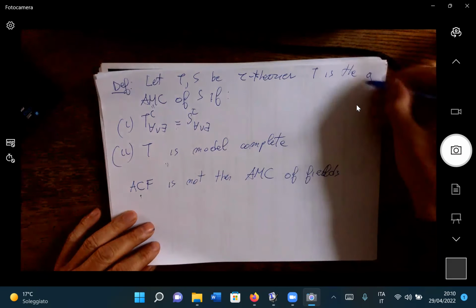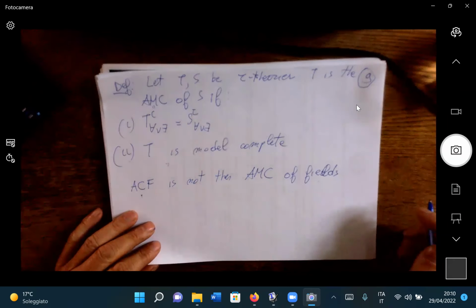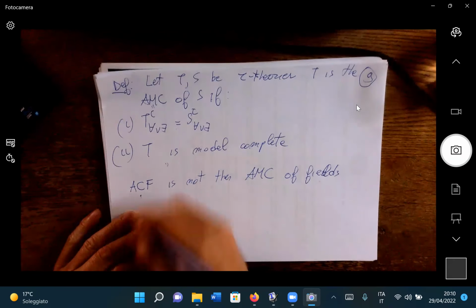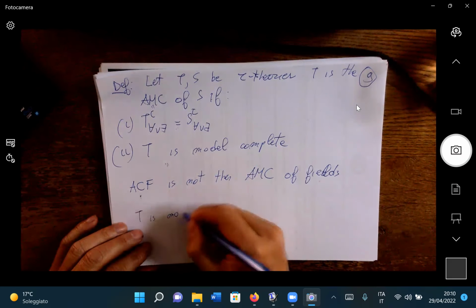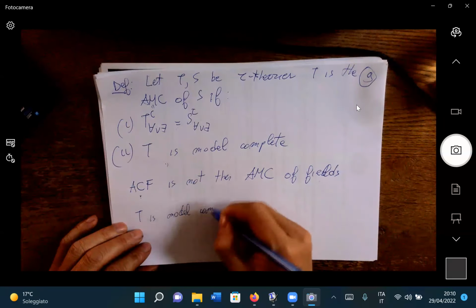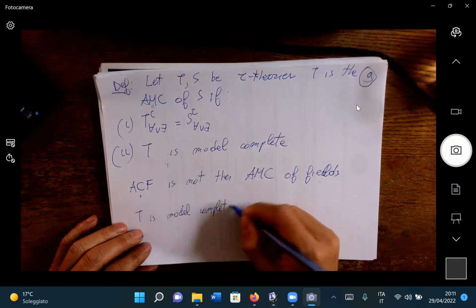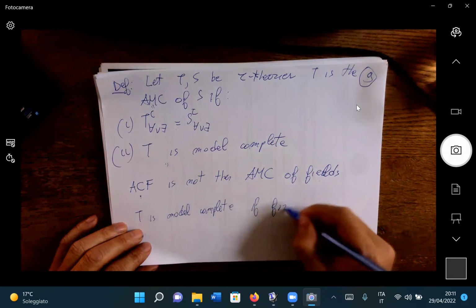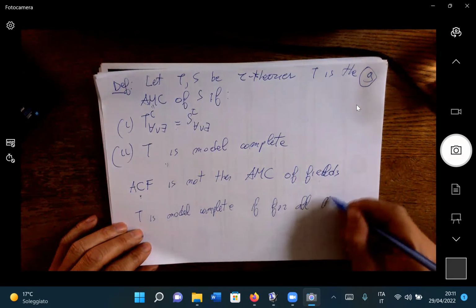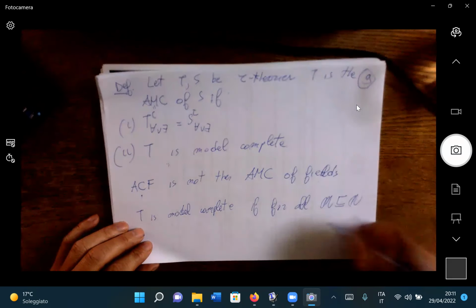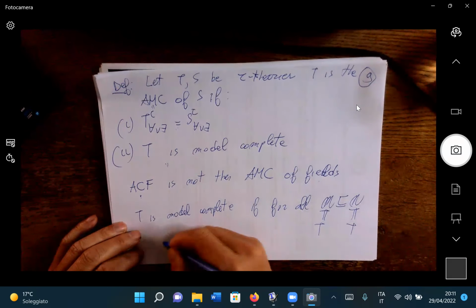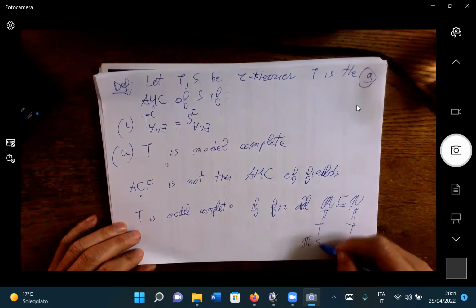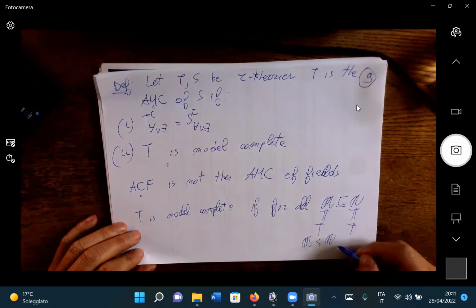One more question. Can you say what the usual definition of model complete is? Yes. T is model complete, there are many definitions, if for all M substructure of N, which are both models of T, we get that M is elementary in N. So this is the standard definition.